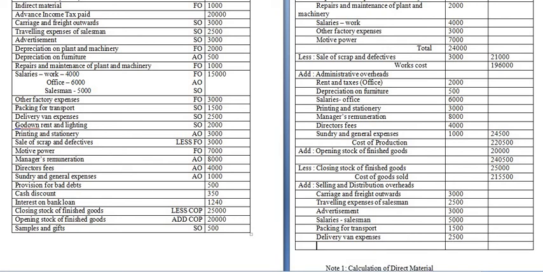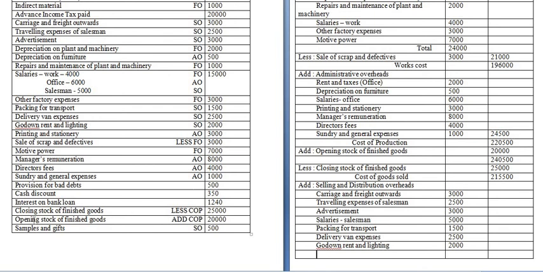Okay. Go down, rent and lighting is 2,000. Okay.